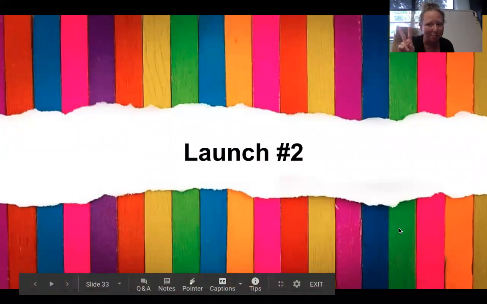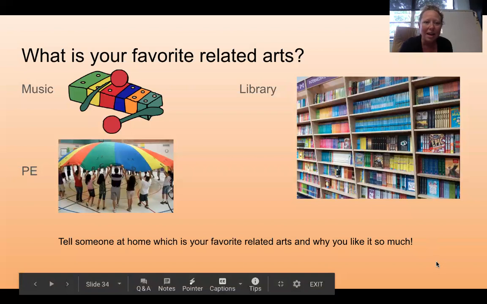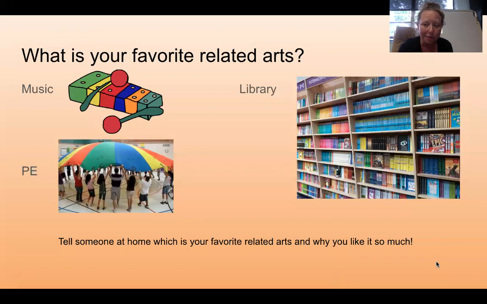Launch number 2. What is your favorite related arts? Here are your choices: music, PE, or library.